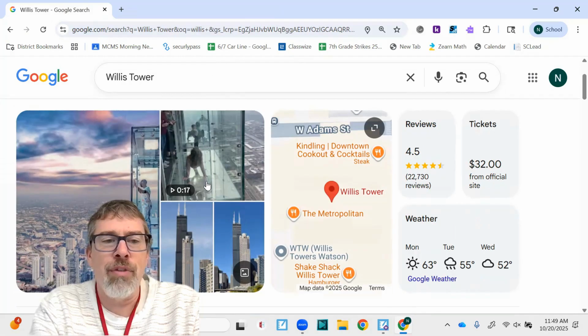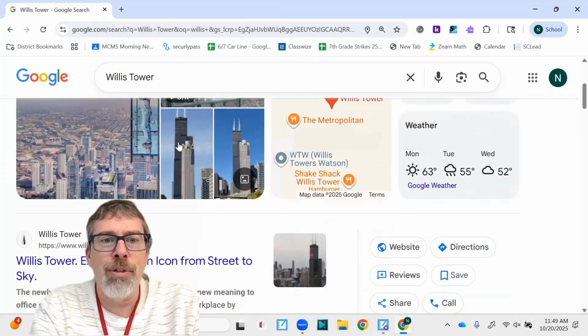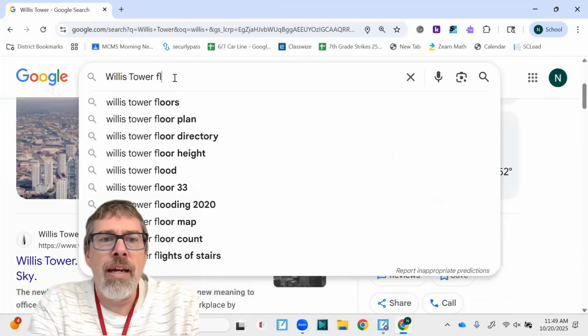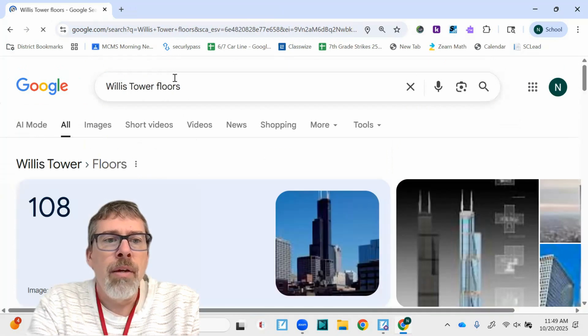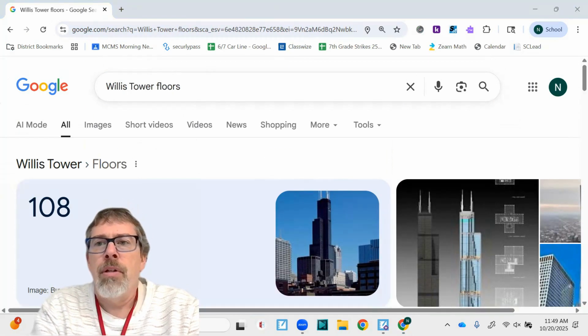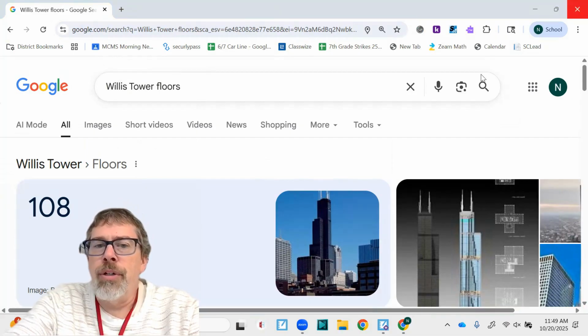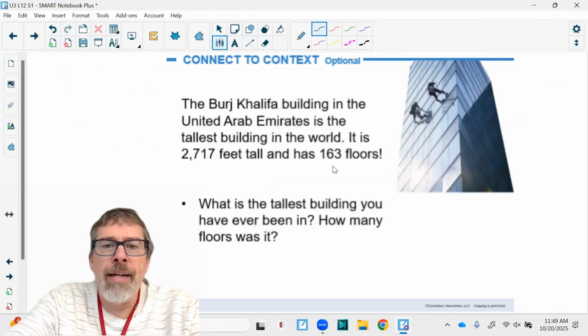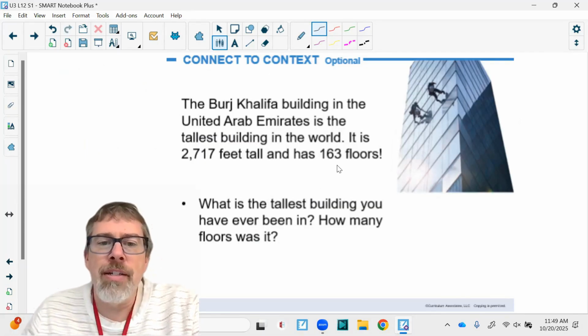You look down and there's the ground below you. That's what it looks like from outside. And how many floors does this thing have? 108 floors. So the Burj Khalifa has 55 floors more. That's crazy.